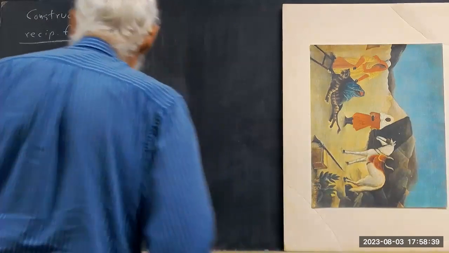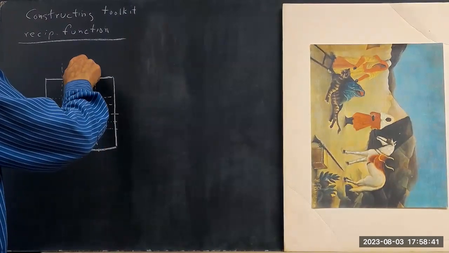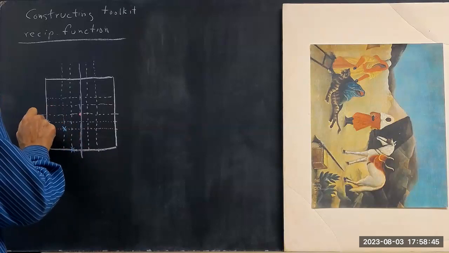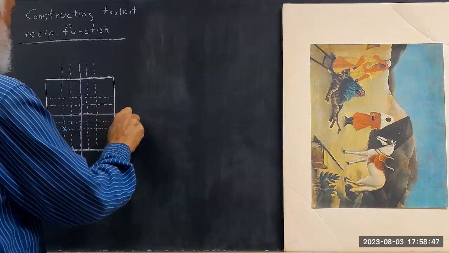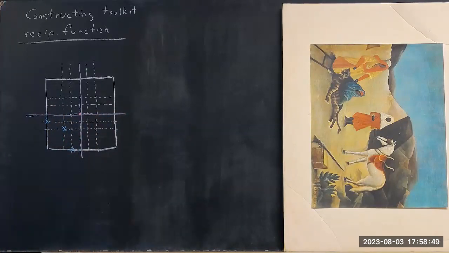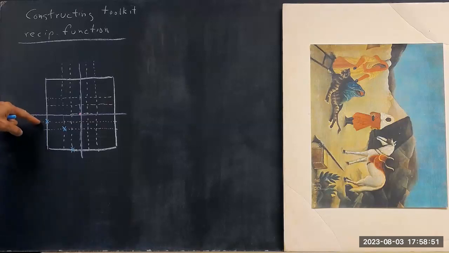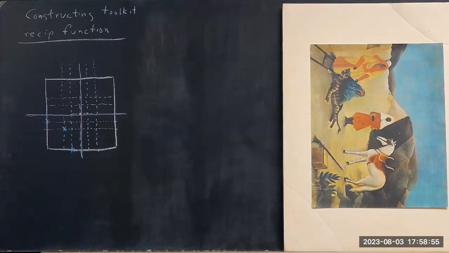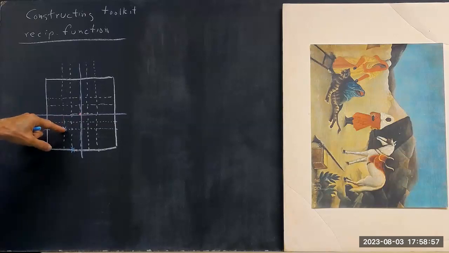If I emphasize this vertical and this horizontal line a little bit, you can see that on the left we start at the first horizontal line below this horizontal line, and then we move to this point.